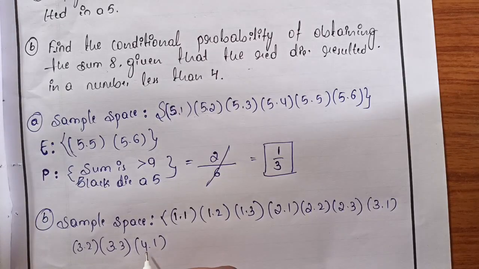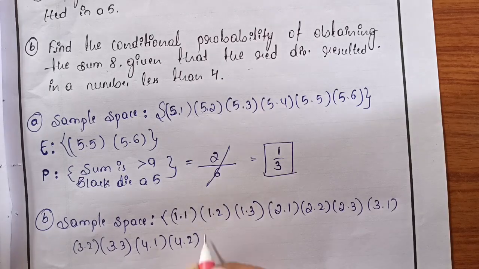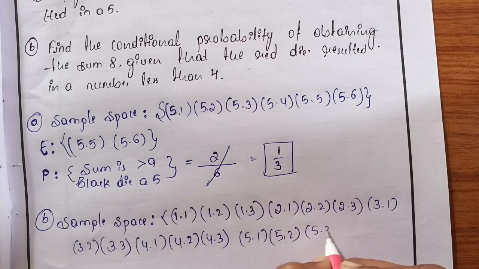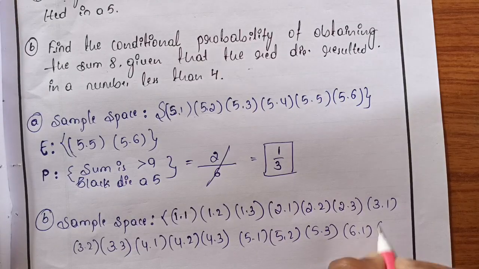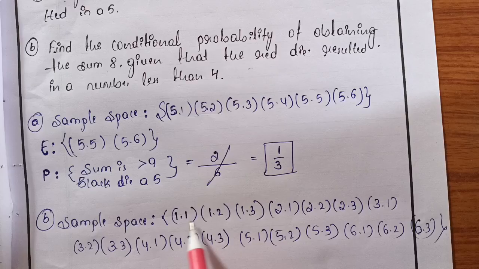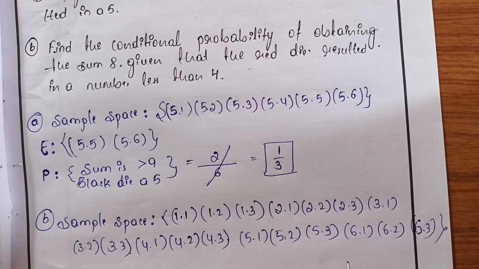The black die becomes a 4 but the red die becomes less than 4. 4 comma 2, 4 comma 3 and 5 comma 1, 5 comma 2, 5 comma 3 and 6 comma 1, 6 comma 2 and 6 comma 3. So the total sample space is 3, 6, 9, 12, 15 and 18. The total outcomes are 18.